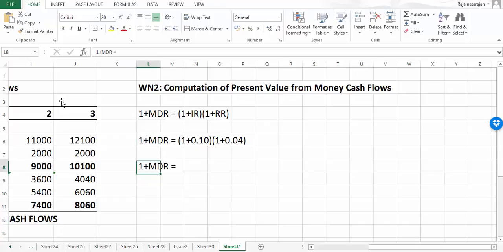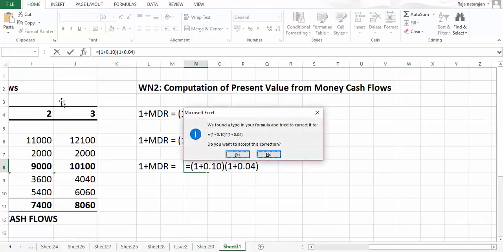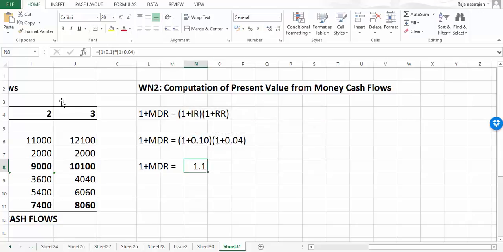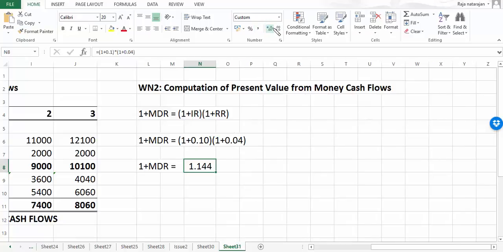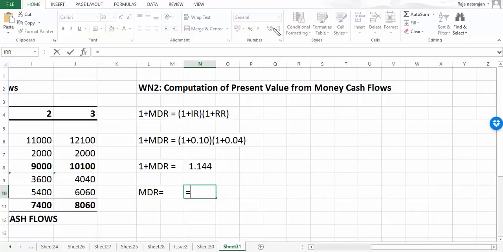Let me take it to a separate cell. Okay, so here I have to introduce that asterisk, and once I do that, I'm getting 1.14. Let me extend this further. Actually, I'm getting 1.144. Okay, so now I can find my money discount rate. My money discount rate is nothing but this 1.144 minus 1.